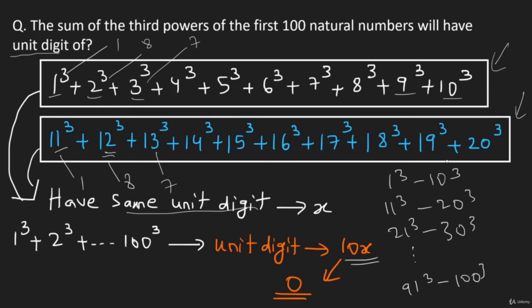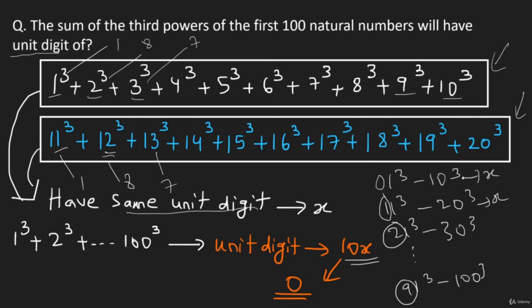This you can notice there are 10 such sets. So over here you have 1, over here you have 2, and over here you have 9. So you count from 1 to 9, that's 9, and this is over here, it's equivalent to having 0. So 0 to 9, that's 10 such sets, and each of these will have x in the unit digit.